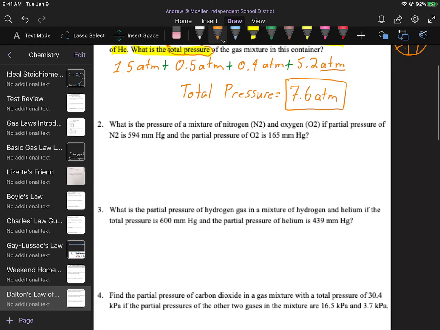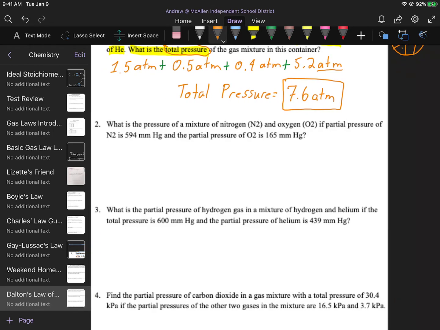Let's do number 2 together. What is the pressure of a mixture of nitrogen gas, N2, and oxygen gas, O2, if the partial pressure of nitrogen is 594 millimeters mercury and the partial pressure of oxygen is 165 millimeters mercury? So this part, we have two gases. We have N2 and O2. If we want to know the total pressure, what is the pressure of a mixture?